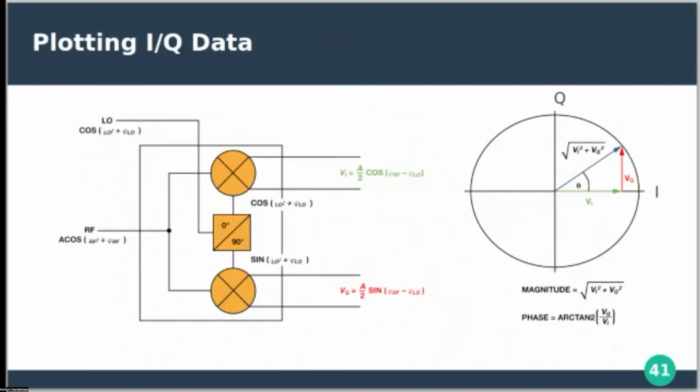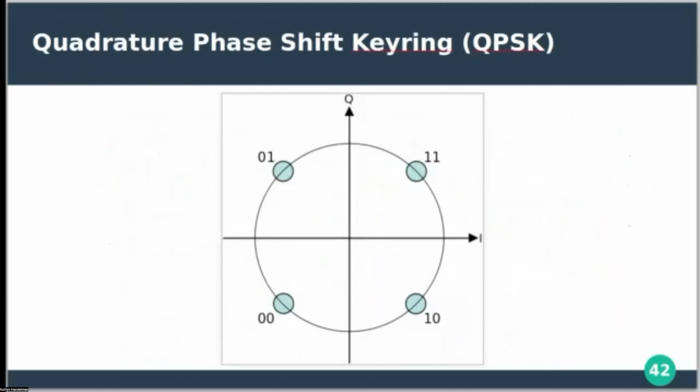Now you have two signals coming in, and you can plot them on essentially a quadrature plane, with I on the horizontal axis and Q on the vertical. Depending on what you're getting in, you can plot it on this plane. That's really useful because we can encode data that way.